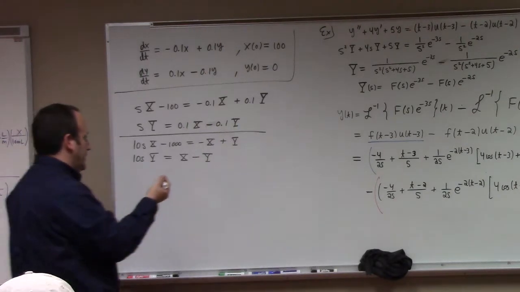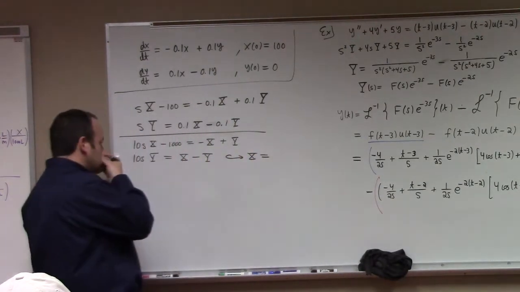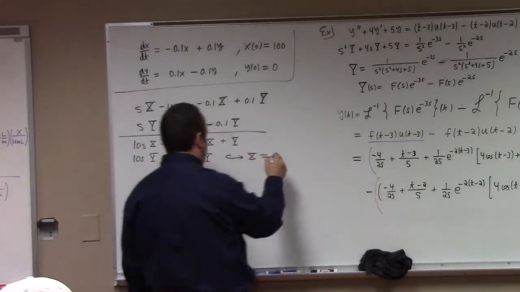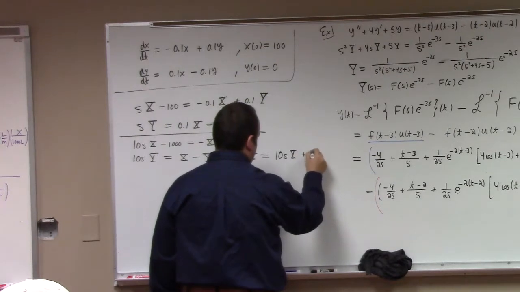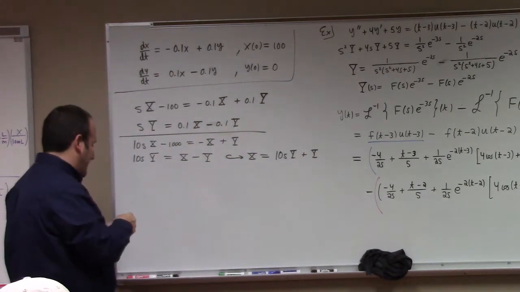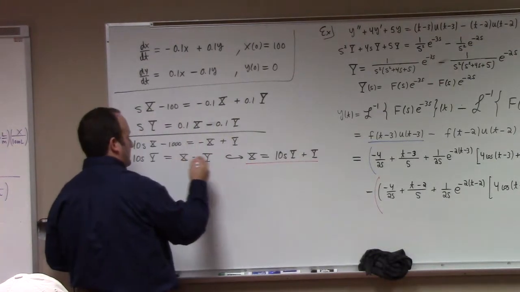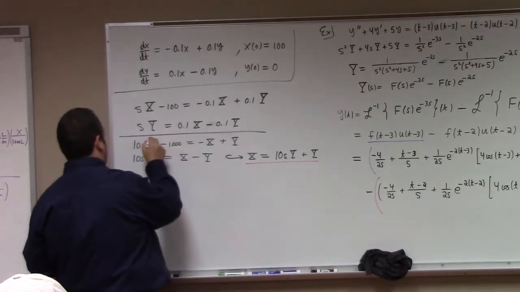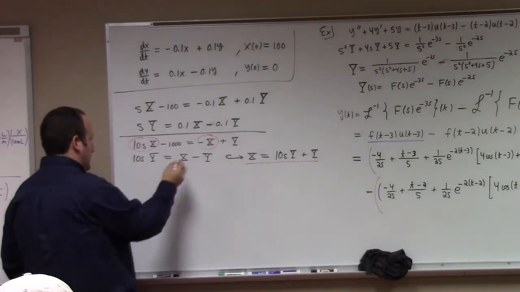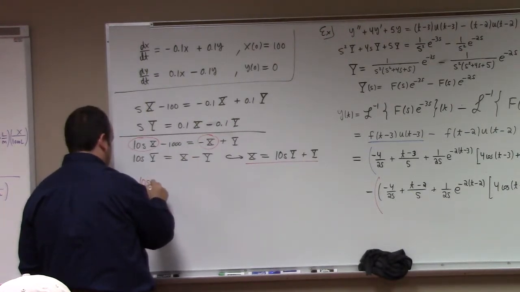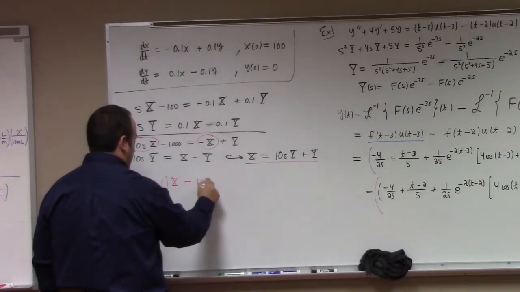Take the second equation. X equals to what? How about 10sY plus Y, right? So solve for big X. Take that and then plug it back up into here, right? So let me clean this up a bit. We've got 10s plus 1 times big X equals to 1,000 plus Y.